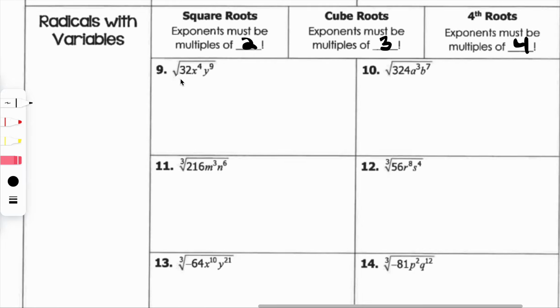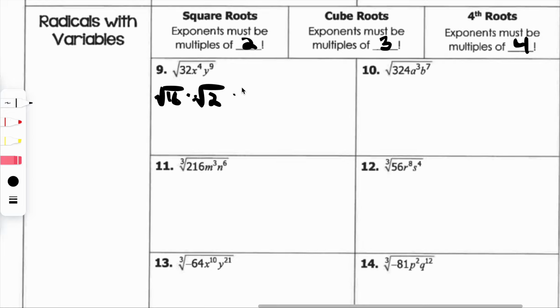So for the 32 part, we want to find the perfect square factor that goes into 32. And we want the greatest perfect square factor. And that's going to be root 16. So I'm going to say root 16 times root 2, since 2 is left over. 16 times 2 is 32.